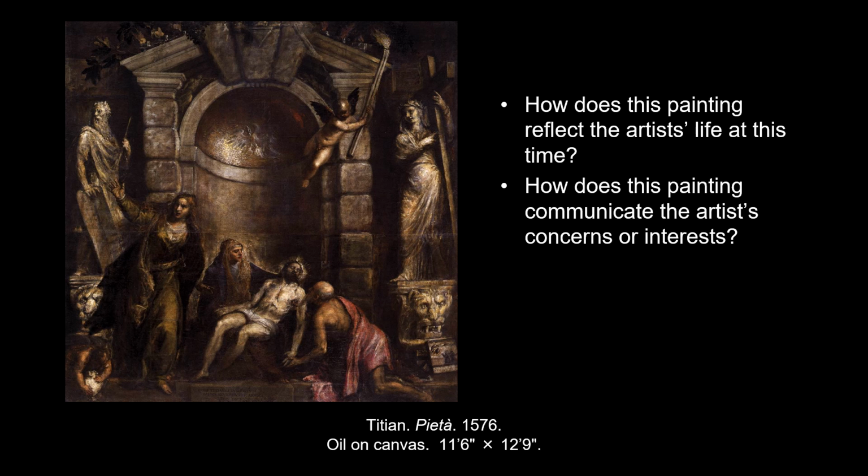Or perhaps more specifically, as an artist at that time. So you guys may have never heard of Titian before, but rest assured he was a very famous artist in his time. Very well regarded, very professional. But if you look up the artist's information, so take a look. This was made in 1576.